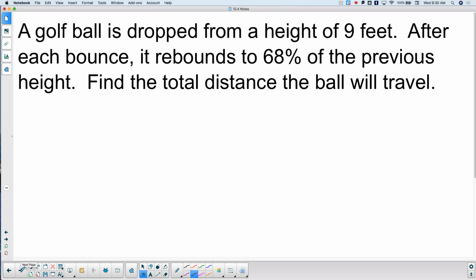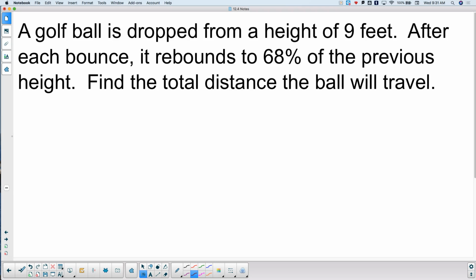A golf ball is dropped from a height of 9 feet. After each bounce, it rebounds to 68% of the previous height. Find the total distance the ball will travel. When a ball drops, it bounces, comes back up, back down, and so on until it just rests.